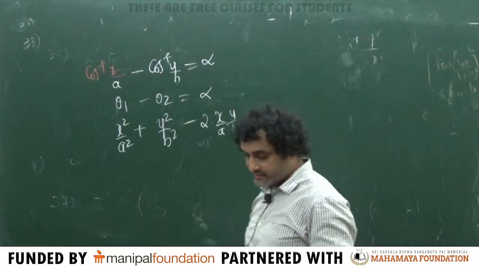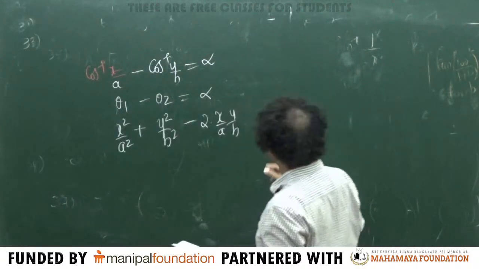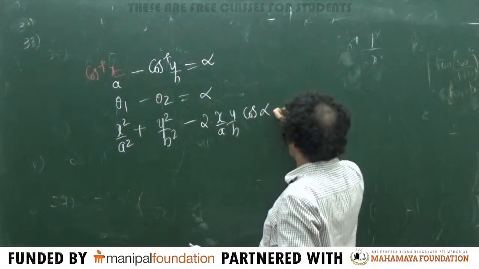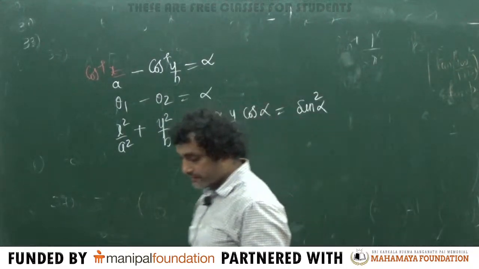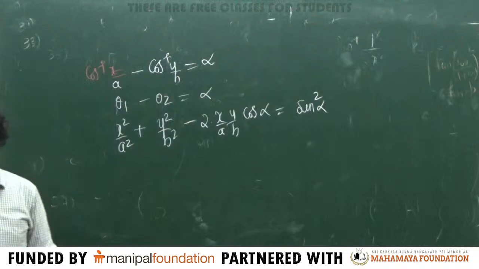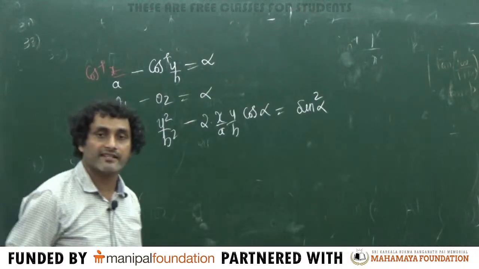Are you getting this? So you will have one extra cos alpha, and that result will be sin square alpha. This one thing which is given, I want you to find. Is that okay? Now, the work is done.